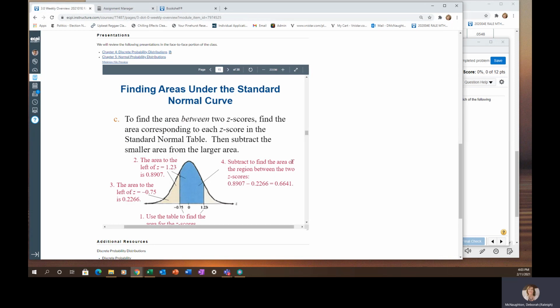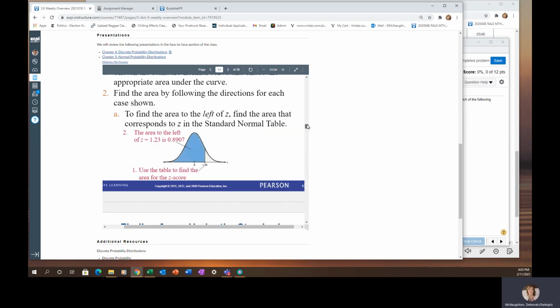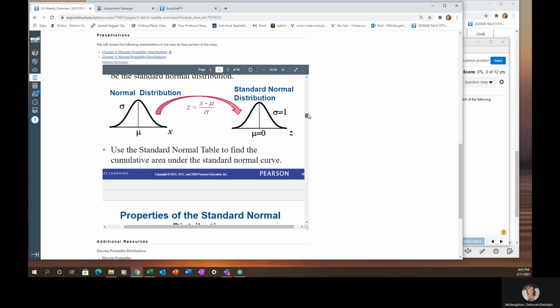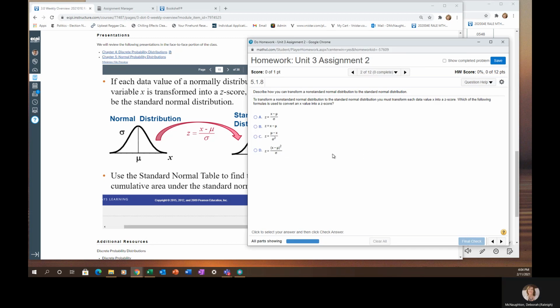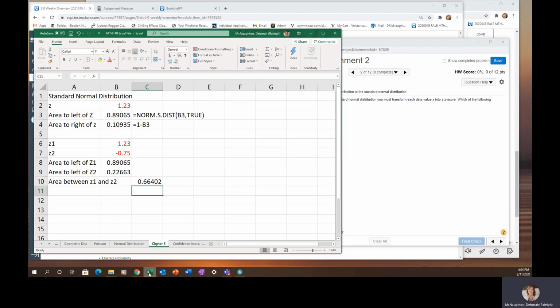And remember, to transform, we're going to use this: Z equals X minus mu over sigma. I thought I had a snipping tool open. Let me just add that to my Excel file.